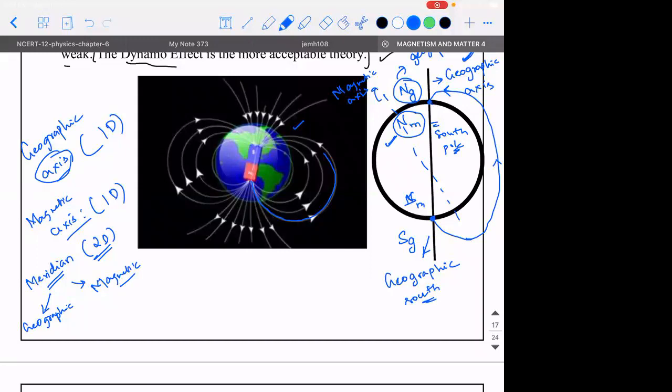Right? If you replace the word geographic with magnetic, that will become the magnetic meridian. Make a note of that point also. Please write it down.